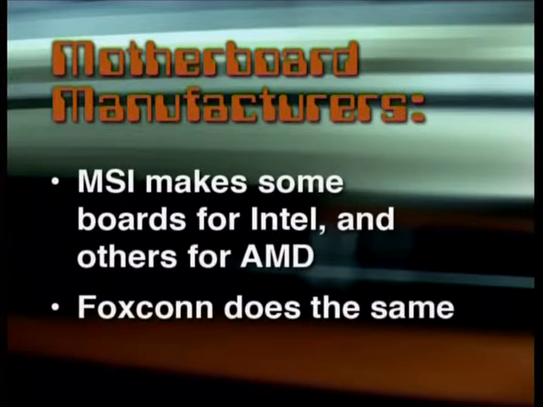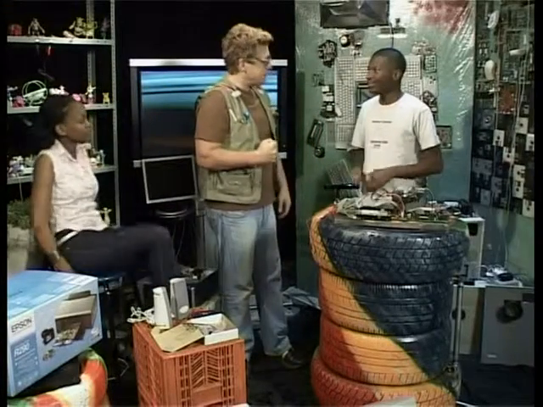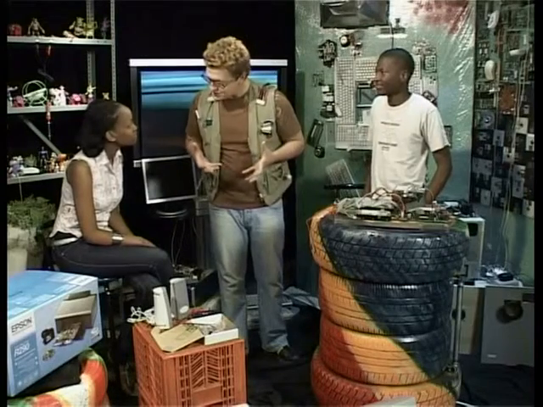On the other hand, MSI makes some of its motherboards for Intel and AMD CPUs, and another company called Foxconn does exactly the same. Some companies make CPUs and motherboards, but companies like Acer, Mesa, Dell, and Proline, they put computers together. So companies like that, they buy the components from other manufacturers.